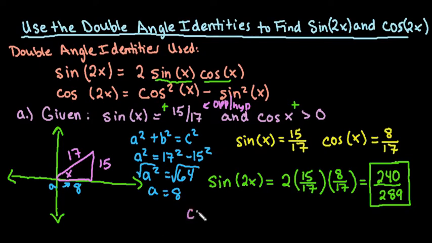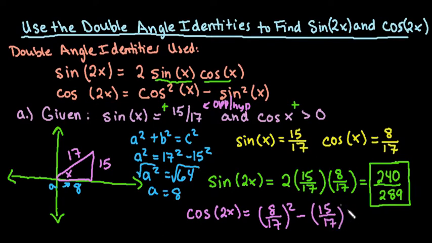The second thing that we wanted to find was cosine of 2x. For this one, we're going to use cosine squared x minus sine squared x. So I'm going to start with 8 over 17 squared minus, for this one, 15 over 17 squared.